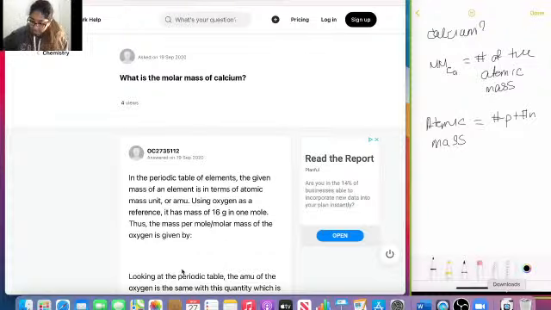This is given in your periodic table, where the number of protons is basically equal to the number of neutrons in most cases. So you will get this from a periodic table, where calcium has 20 protons and therefore 20 neutrons.